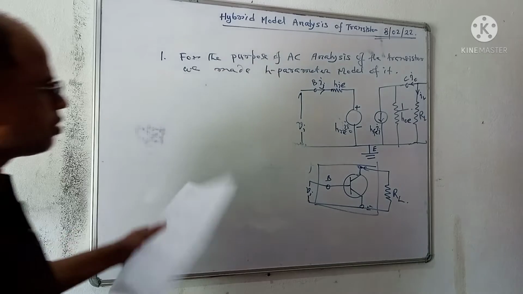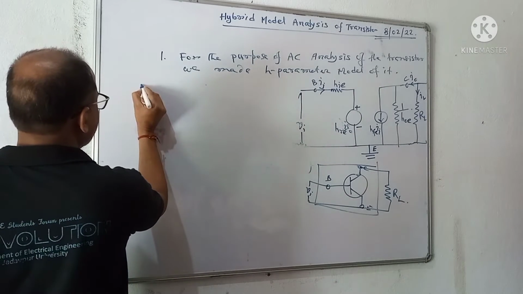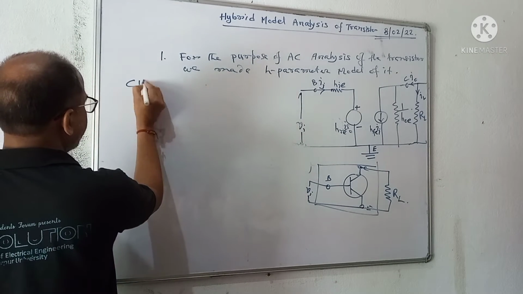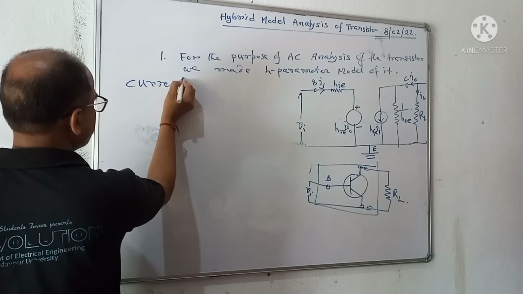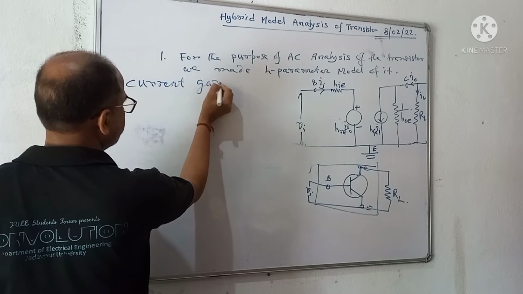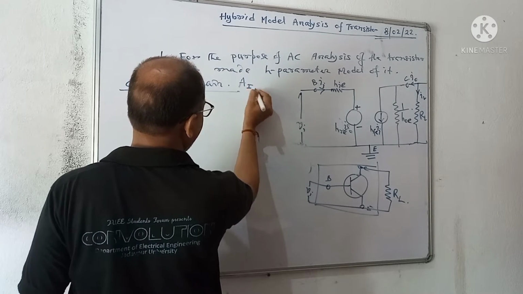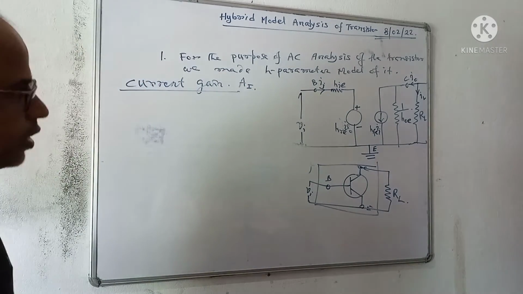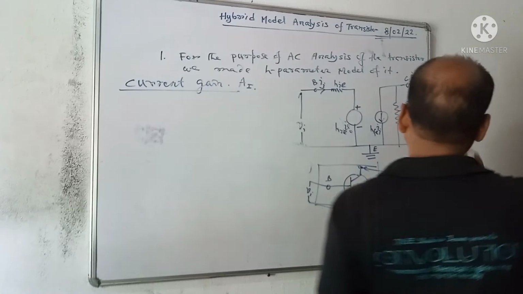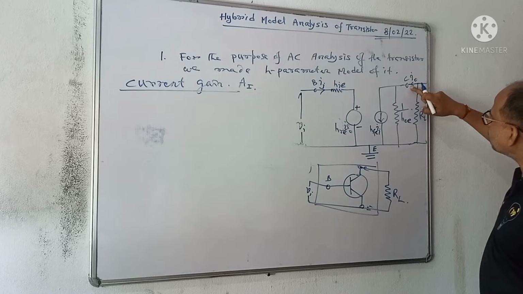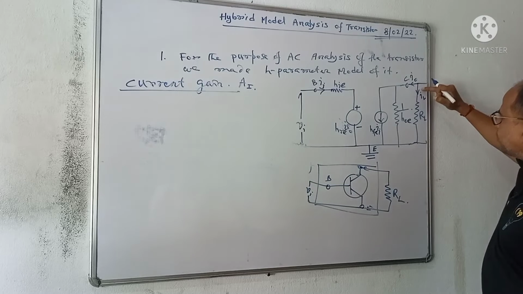First, current gain, denoted by AI. Now see, from the circuit, I0 and IL are opposite to each other.